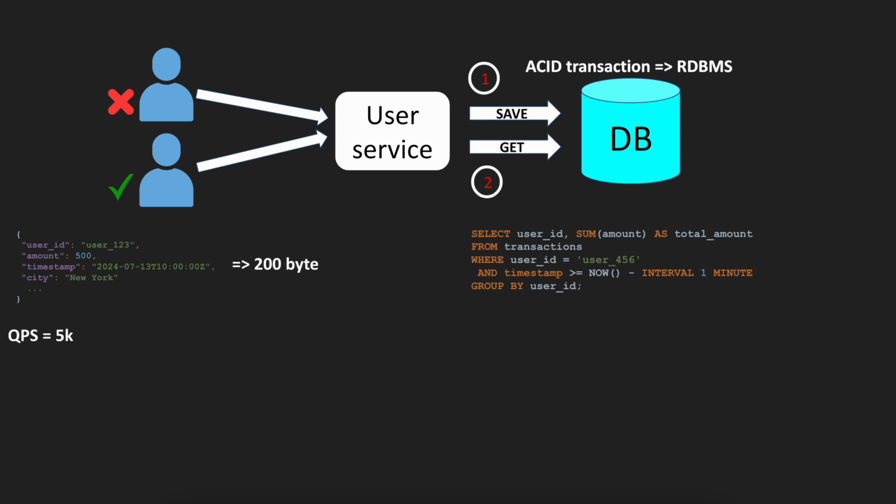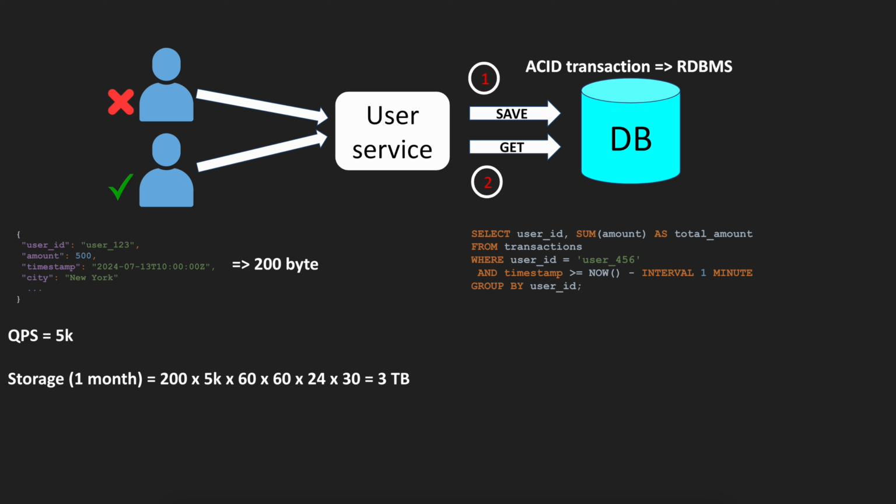Let's calculate how much storage we need for 1 month. Our QPS is 5K, so in 1 second we are receiving 5,000 transactions, and the storage that we need for 1 month is 200 multiplied by 5K multiplied by 60 seconds, 60 minutes, 24 hours, and 30 days.